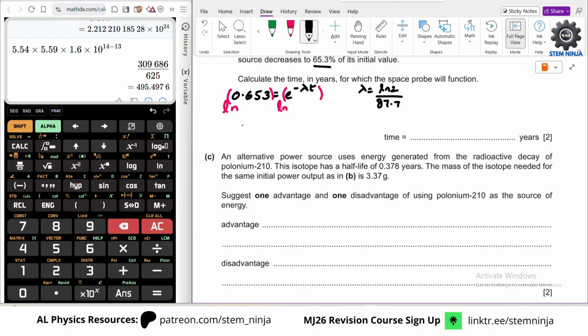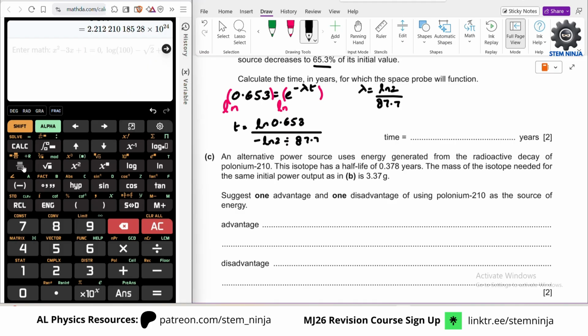So this would mean that t is equal to ln 0.653 divided by minus lambda, which becomes minus ln2 divided by 87.7. So that's what we need simply.